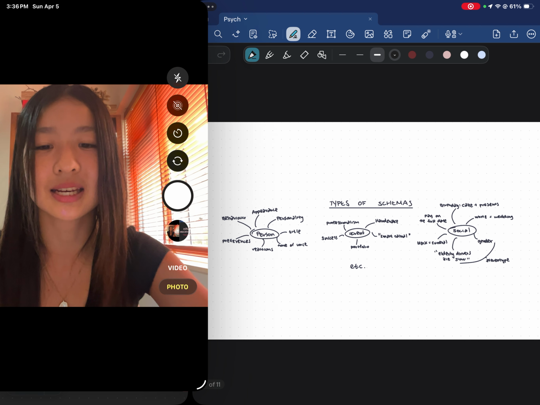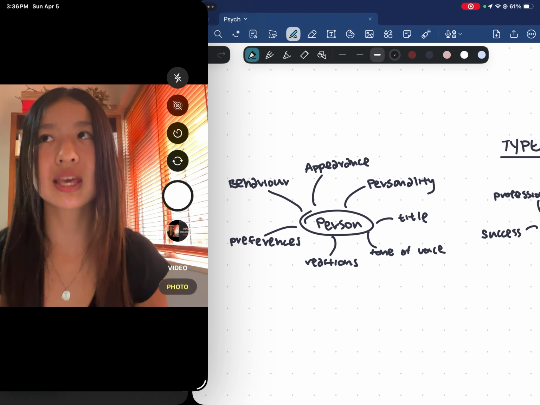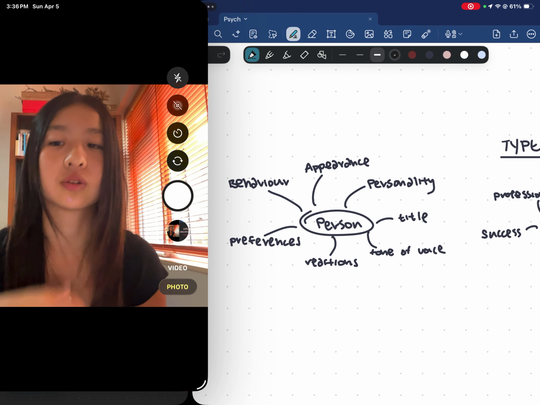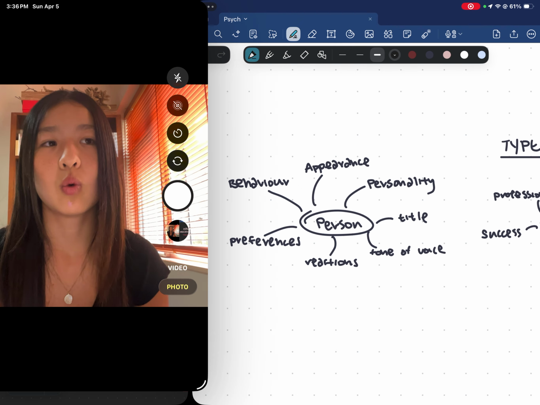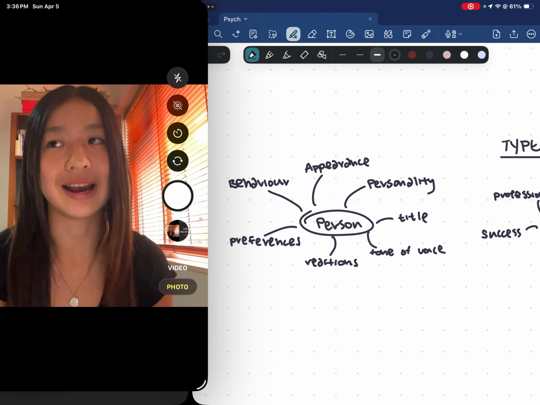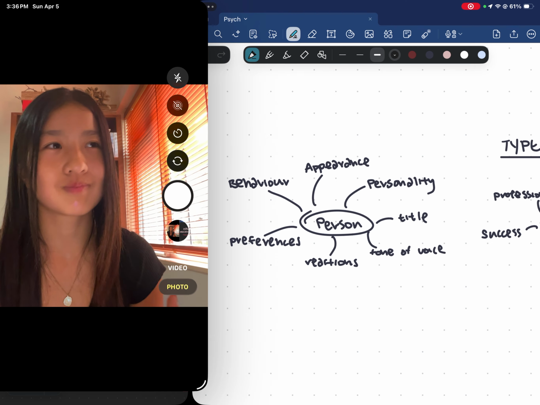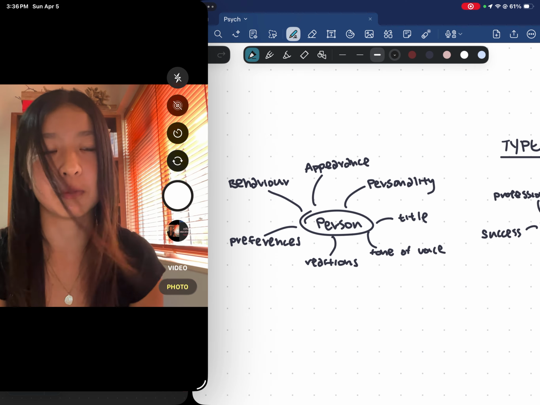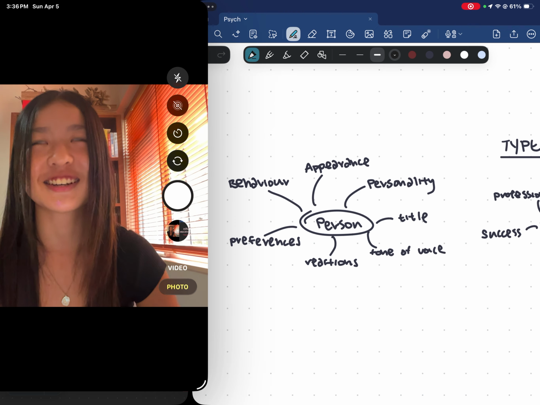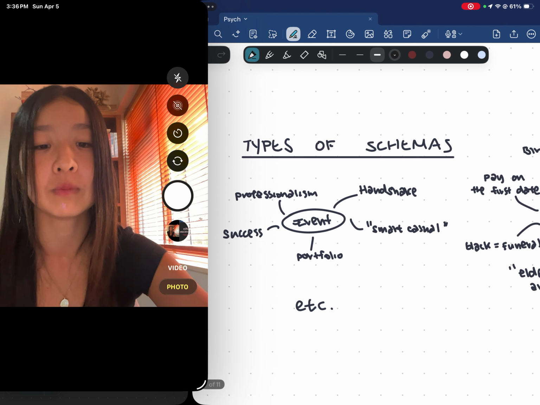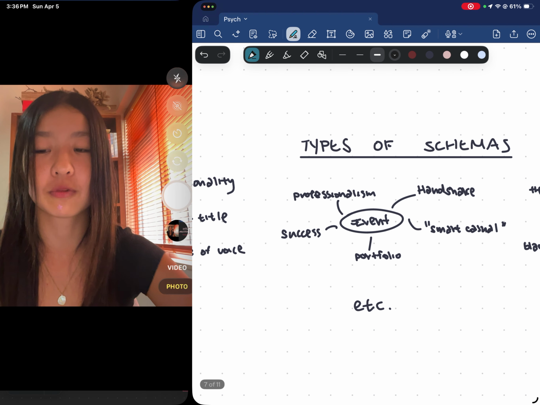So the types of schemas we can have: we keep schemas around the people around us. Maybe your teachers look a certain way, or when someone says something, you know what kind of reaction you're going to get. You know when your coach is mad at you, what type of behavior they're going to exhibit. Those are the types of schemas that we can form from prior experiences. Other types of schemas can form from events.